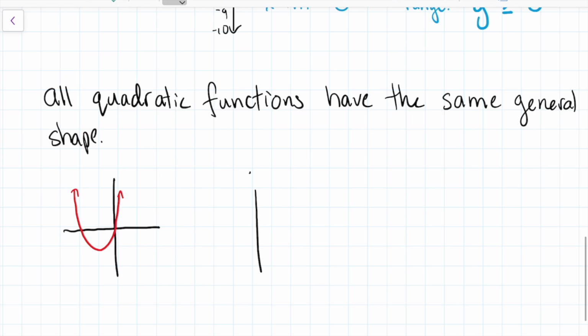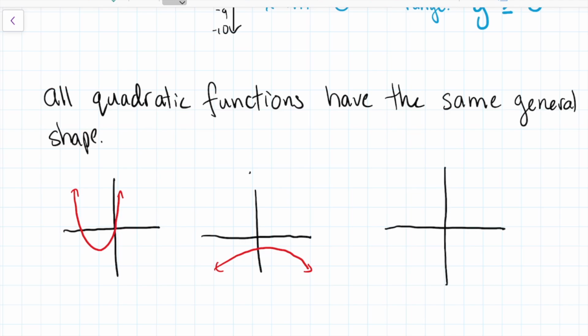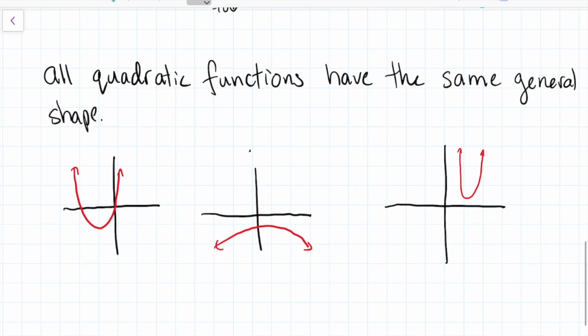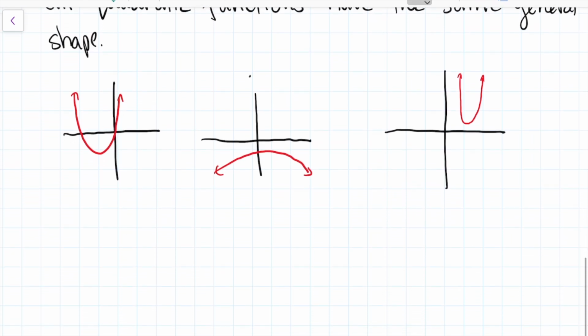Or you might have something that's maybe facing downwards, maybe it's a lot broader, right? So it opens more slowly, but it's still a parabola. Or you might have something really skinny, something that goes up really quickly. And you'll run into all of these throughout this course in different situations. But they're all parabolas. But some things to notice. Again, they're all smooth curves. They all look roughly the same. They've all got symmetry.